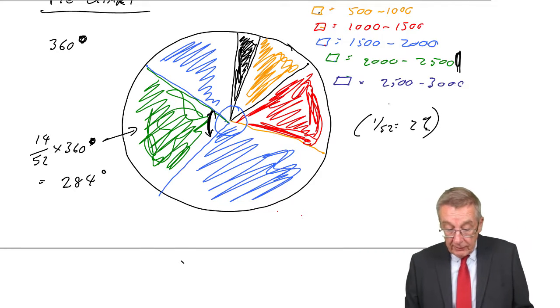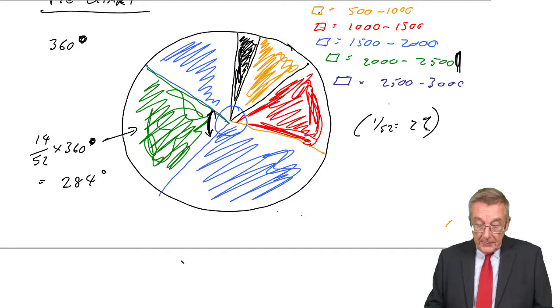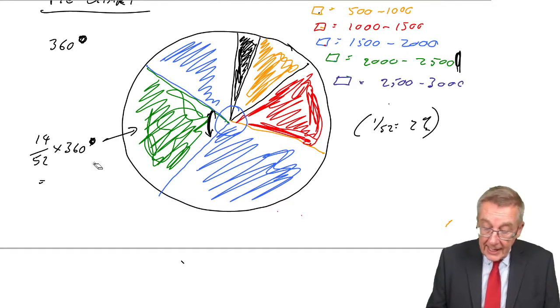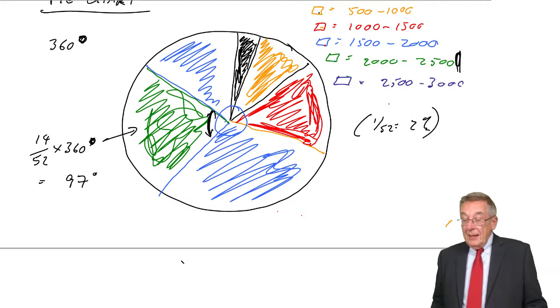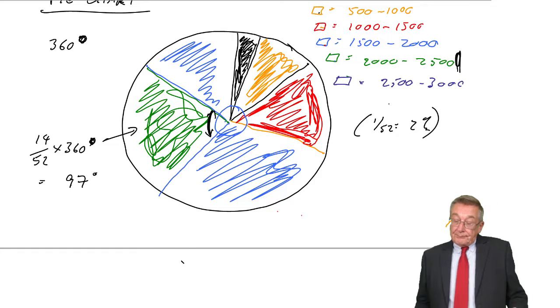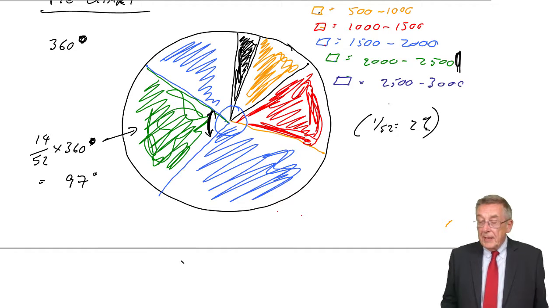That can't be right. 14 divided by 52 times 360. That's better. 97 degrees. Not percent, degrees. And so that's how you'd actually draw one, being precise.